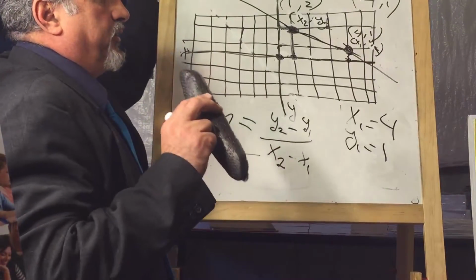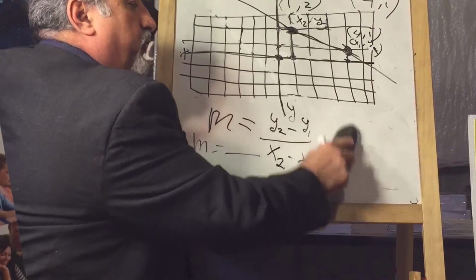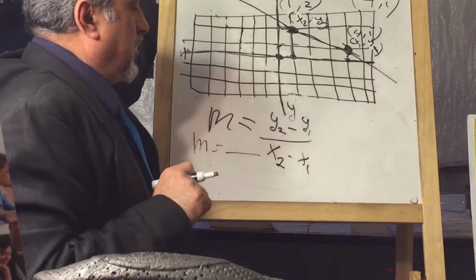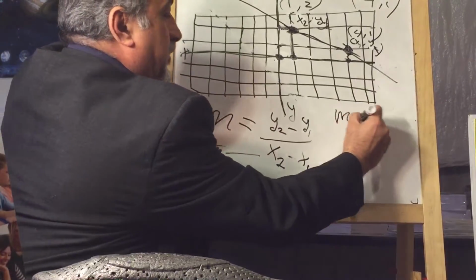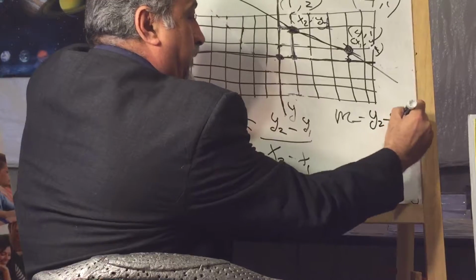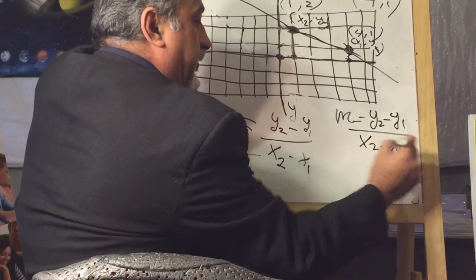Now the second step is you plug it in. So write it down. We figured that out from the drawing they give you in the question. Now we know the formula is m equals y2 minus y1 over x2 minus x1.